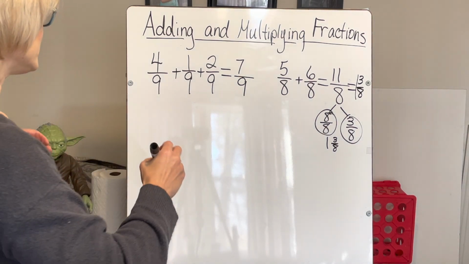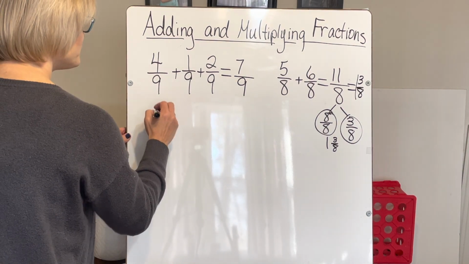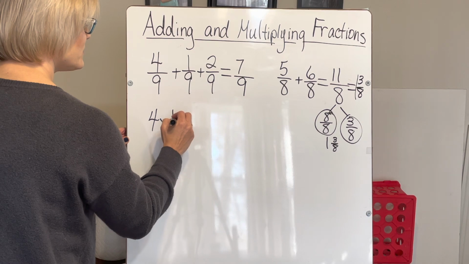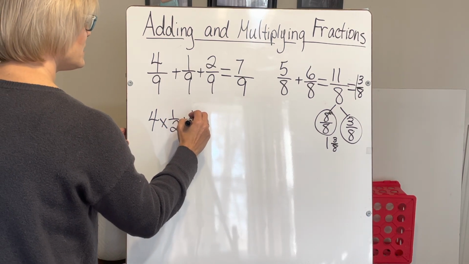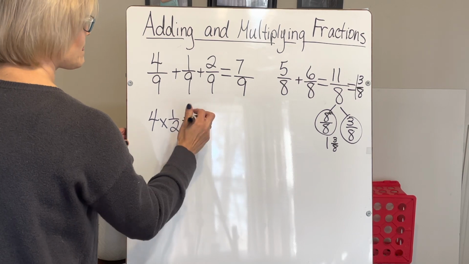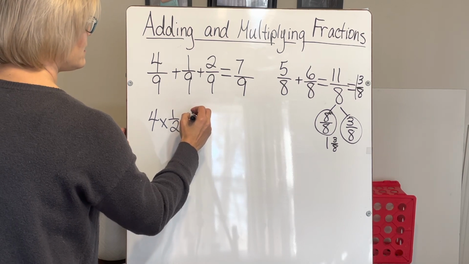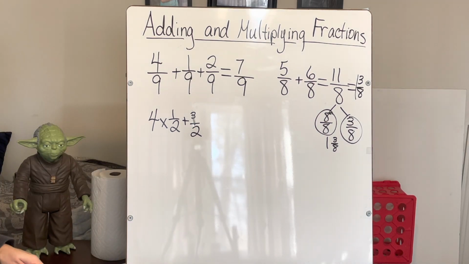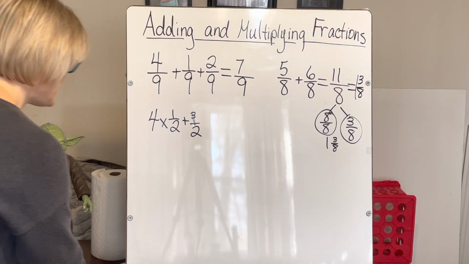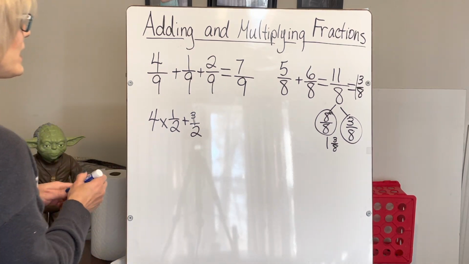Okay, all right, so let's do 4 times 1/2 plus 3/2. Okay, so what does that mean? That means that I need 4 halves.